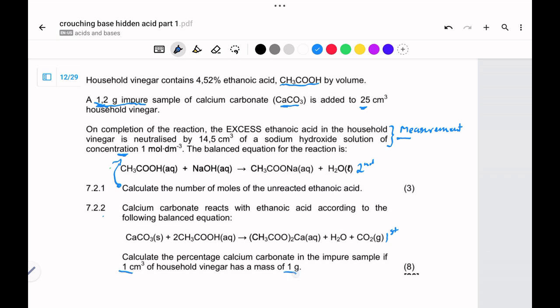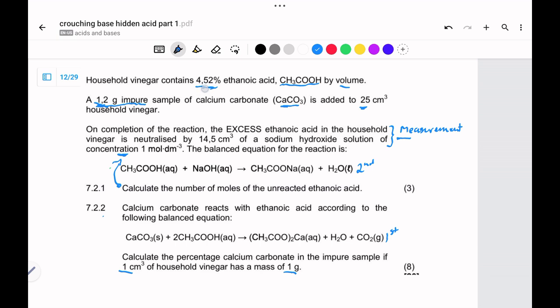This and this, that's enough information to give us a density, which is not exactly a concentration. It's kind of like a concentration, but you can see it's a volume and it's a mass. Here we're given information, percentage acid by volume, and here we're given a volume.